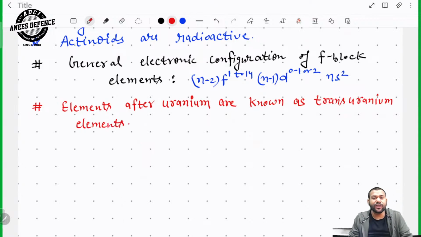This is a very important point, that elements after uranium are called transuranium elements.